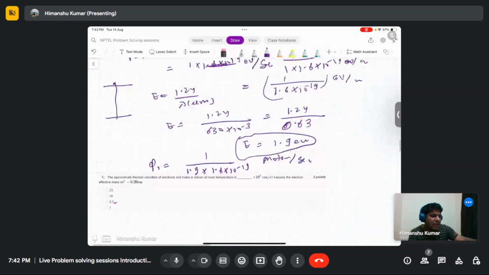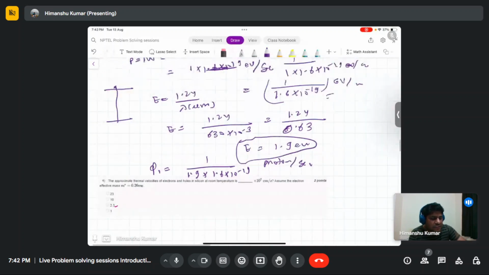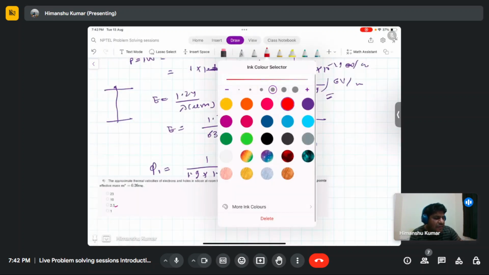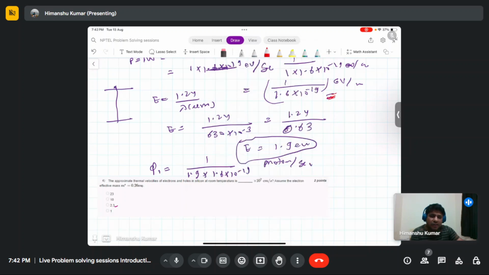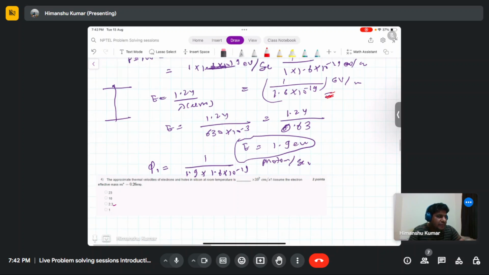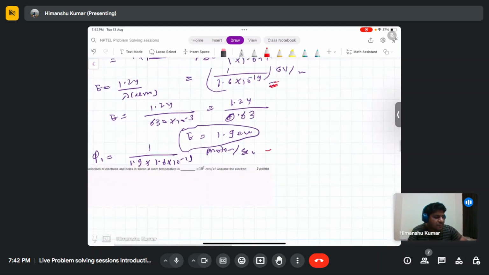If we solve, we get around 3.17 into 10 power 18 photons per second.